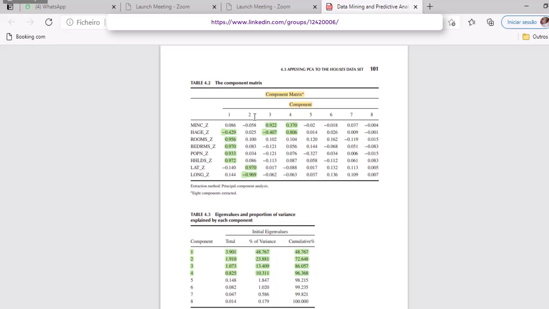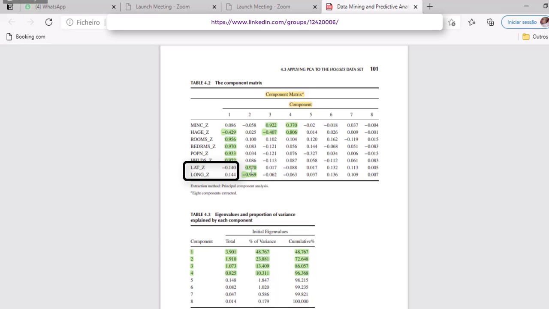Here in the second component, we see that it is more related to the latitude and longitude, which are inversely related to each other and also to the component.